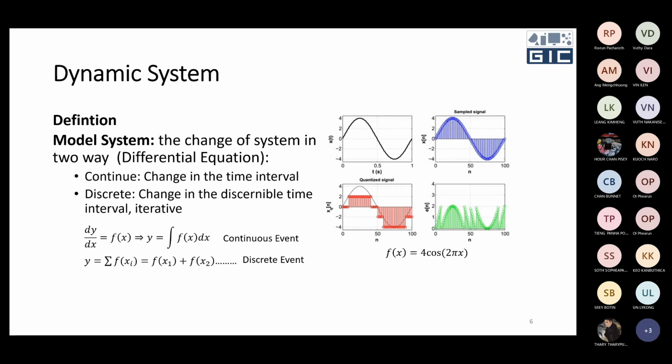But if you would like to describe it in the discrete way, or discrete event, the value of y can be equal to the summation of f(x_i), with i from one value to the other value. For example, in this figure, the value of i runs from 0 to n, and the maximum of n is 100. So in this case, the value of i runs from 0 to 100.